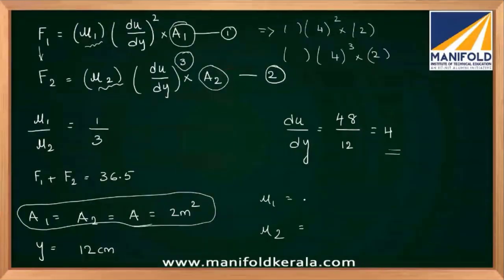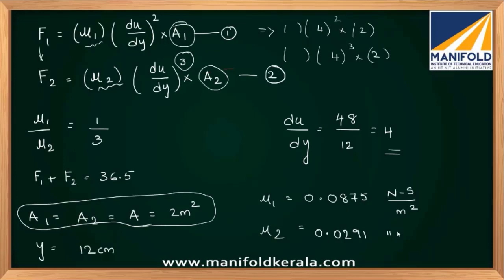According to me, the answer you need to get is mu1 is 0.0875 Newton second per meter square, and mu2 should be 0.0291 Newton second per meter square. These are the values which you need to obtain.